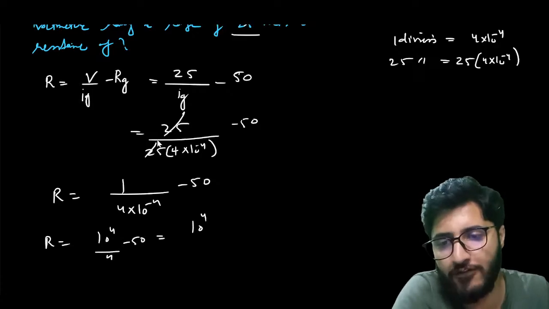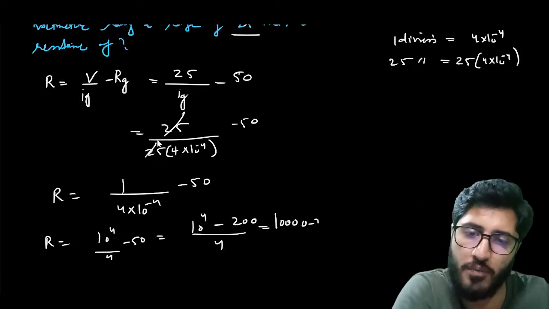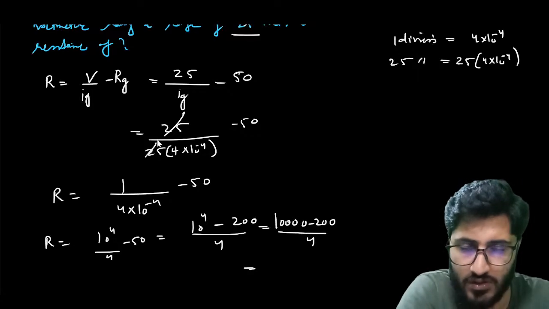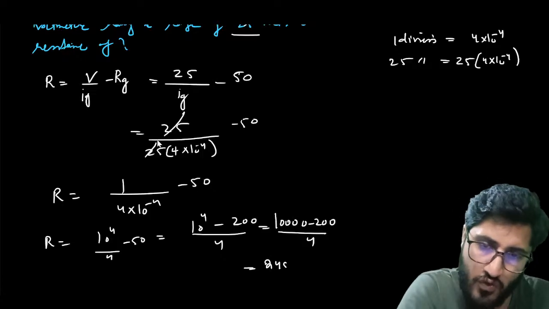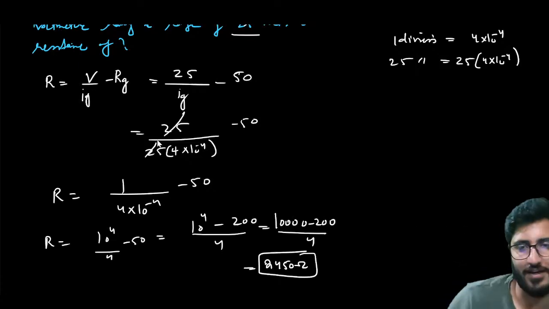It is 2500 minus 50. I guess it will come out to 2450. Yeah, I have done this numerical now. I know the answer now.